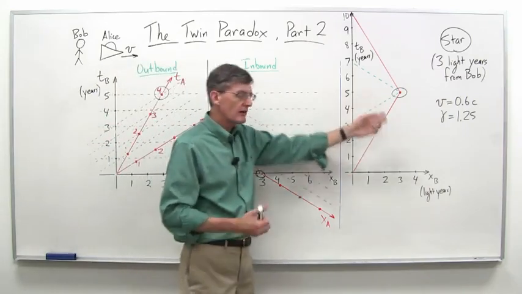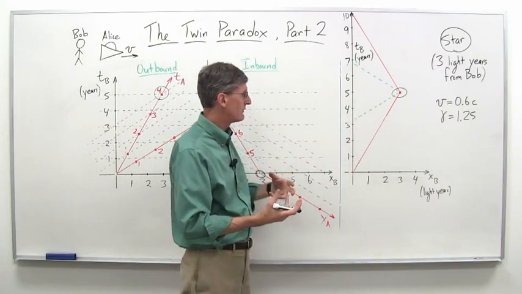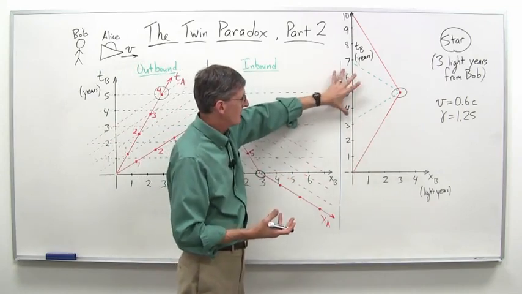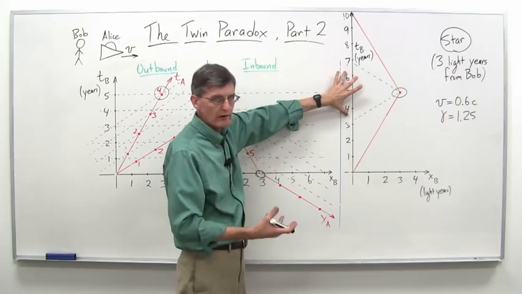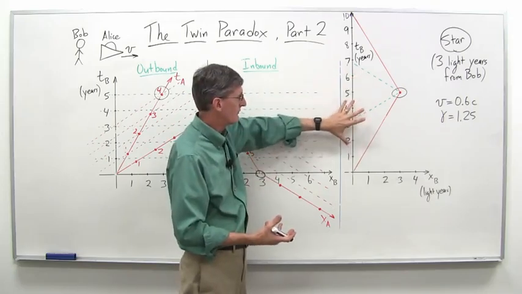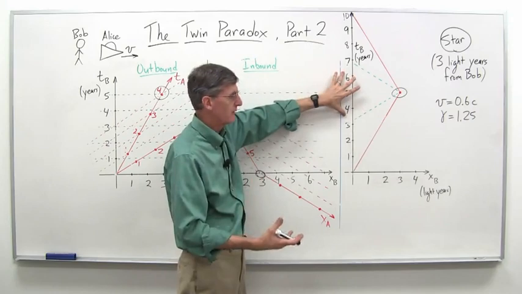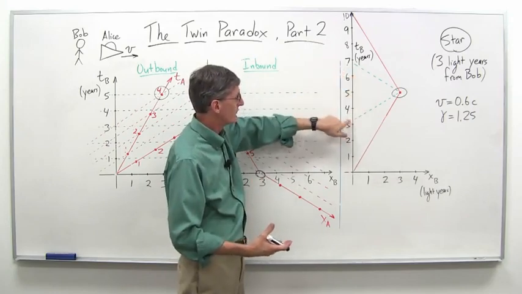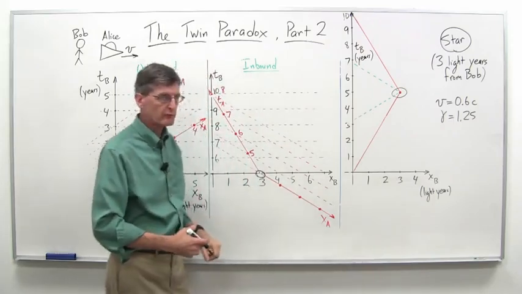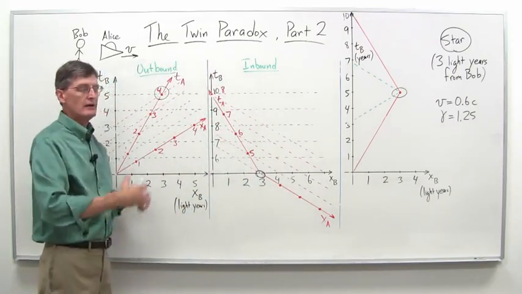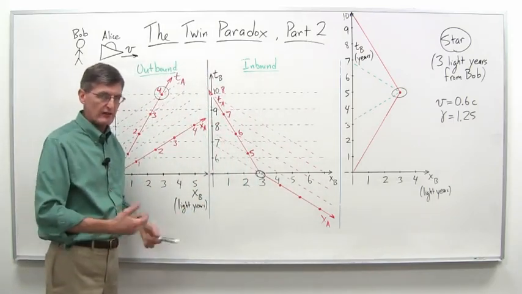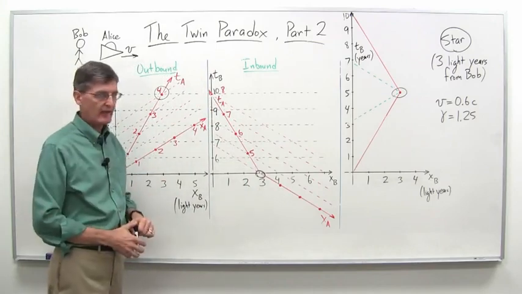But that turning around, the switching of frames of reference, accounts for it. Bob's clocks, from Alice's frame of reference, jump from 3.2 to 6.8. So when she does get back, Bob has aged 10 years, and she has aged 8 years.